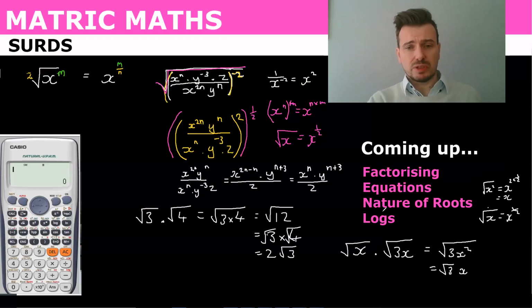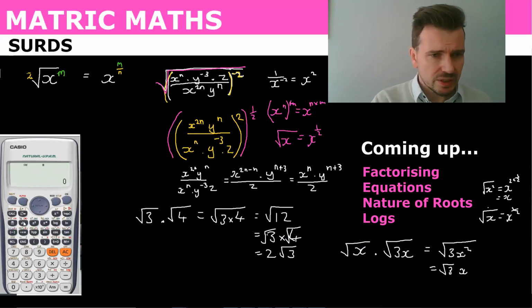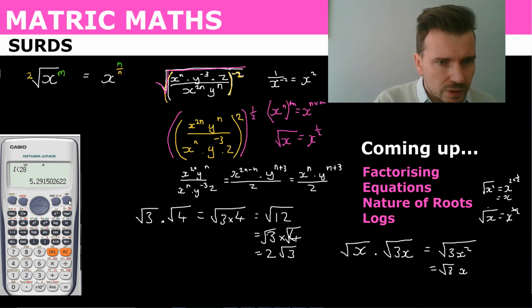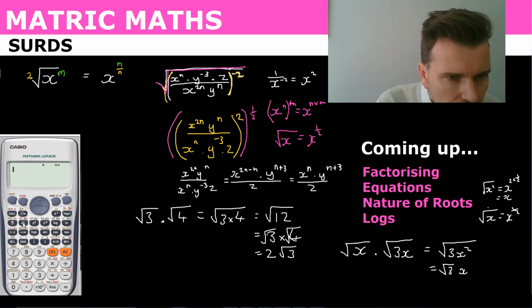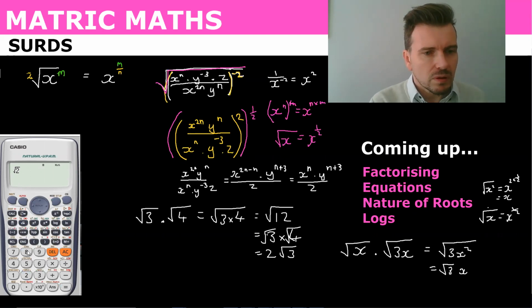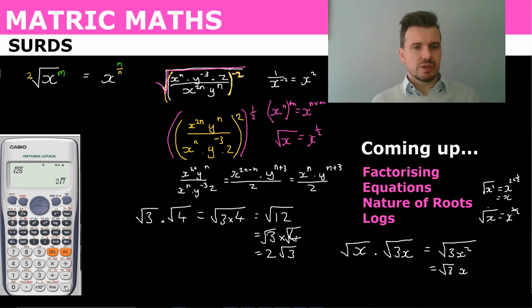But as I said, you can actually use your calculator for these to simplify them. So say you get the square root of, we make it, say, 28. Just change the mode of the calculator to equation mode.